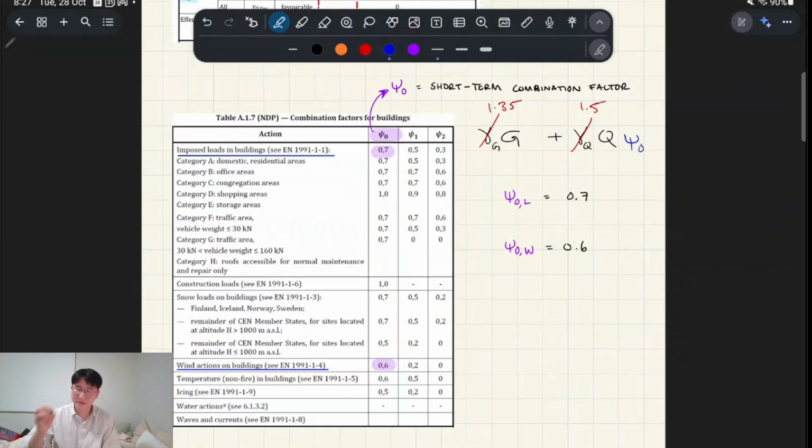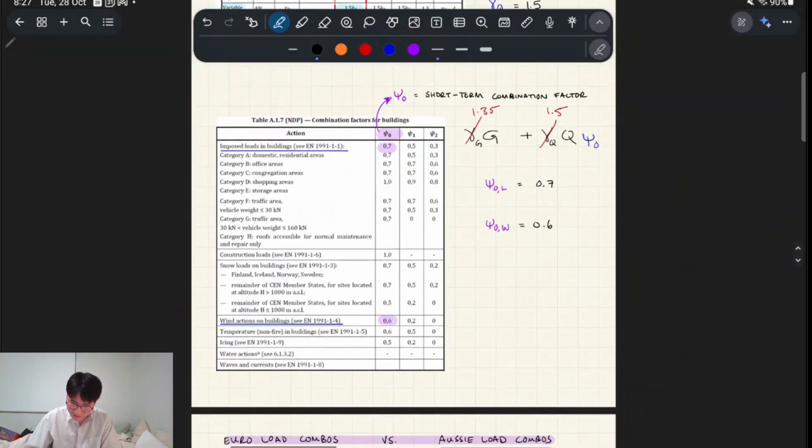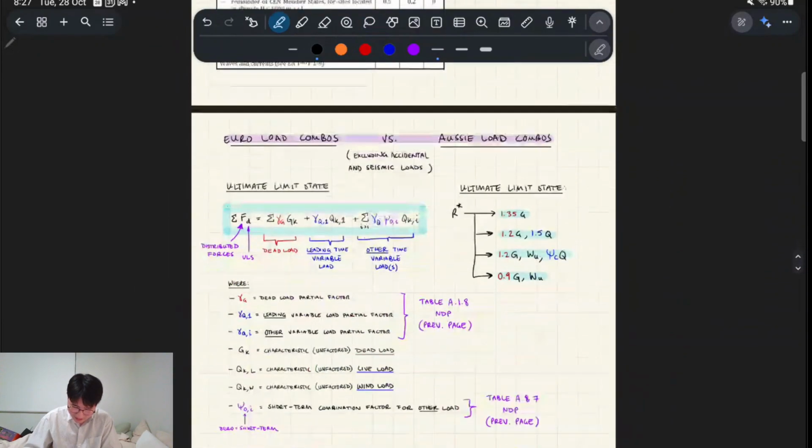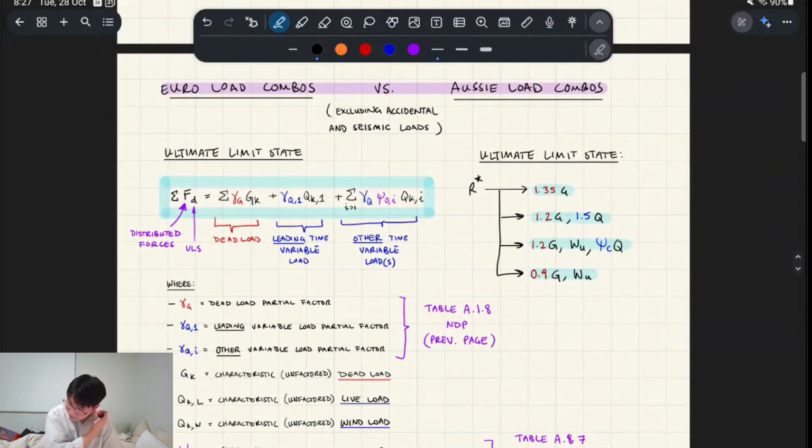If it's phi 0, this means it's something called the leading variable load. So here's what I mean.